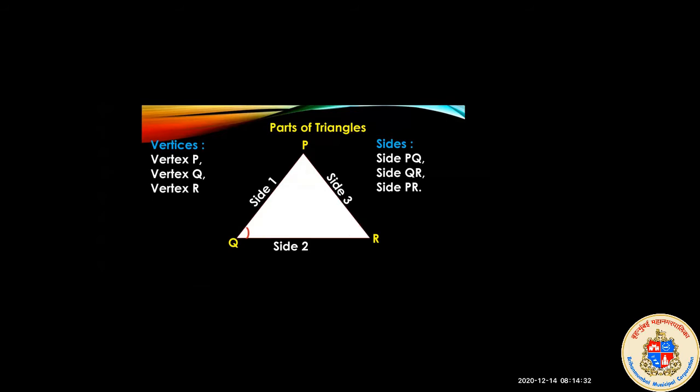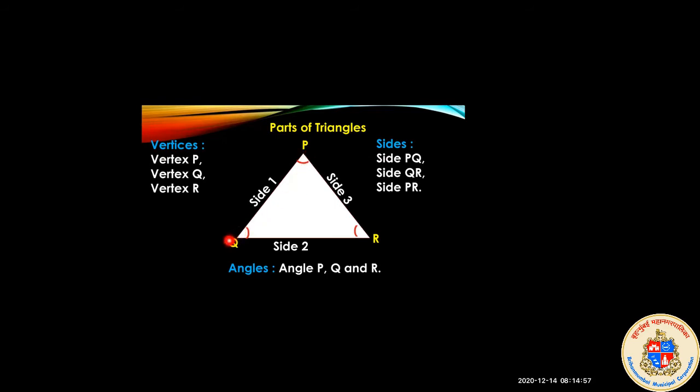Now we will see the angles. There are 3 angles, angle P, angle Q, and angle R. So we've seen the parts of a triangle: vertices, sides, and angles.